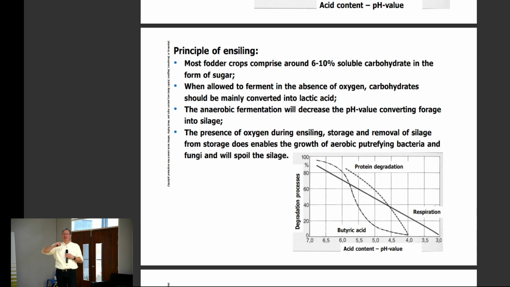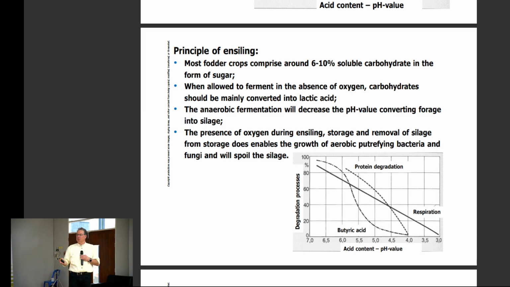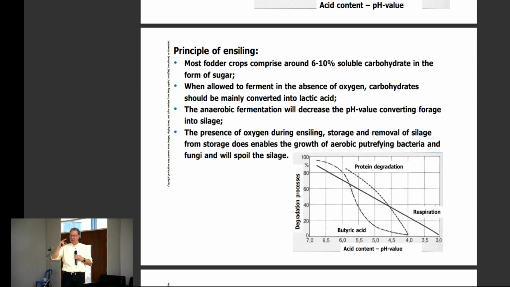And so if you run a dairy, you are just interested in lactic acid. So that's the goal. If you use it for a biogas plant, you also might have acetic acid, because the methane building potential is very high. So if you make a silage for a biogas plant or for a dairy, there are quite some differences.